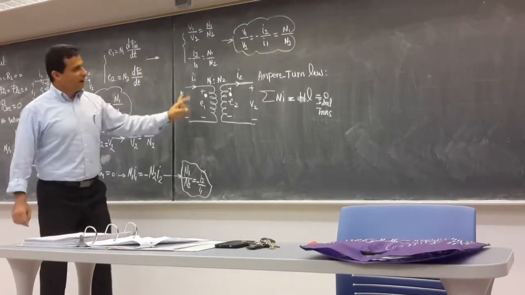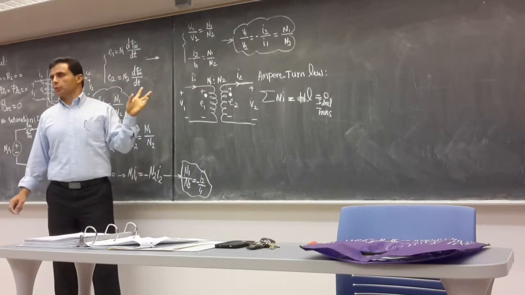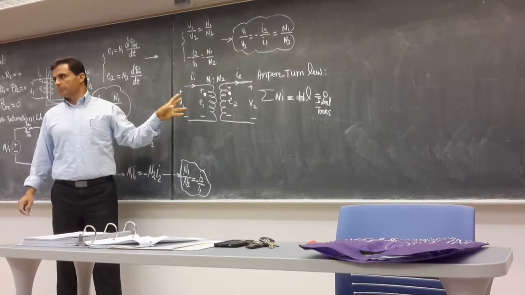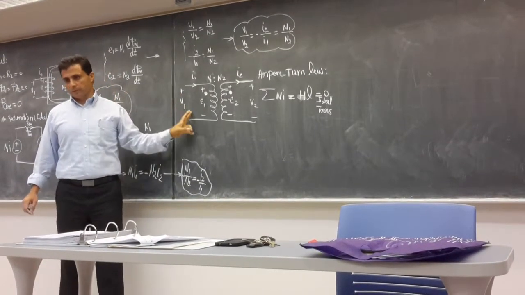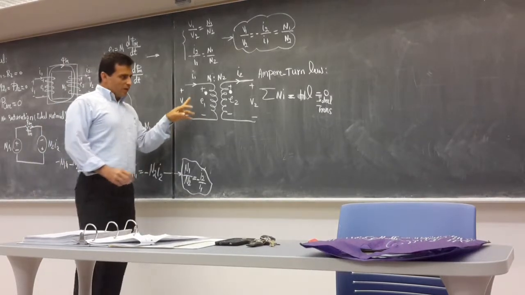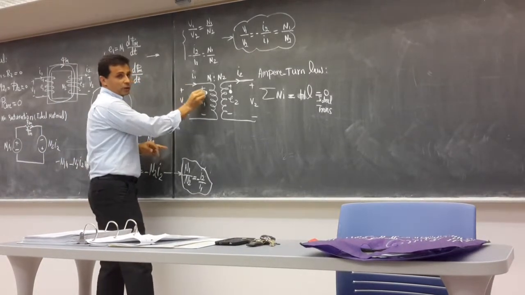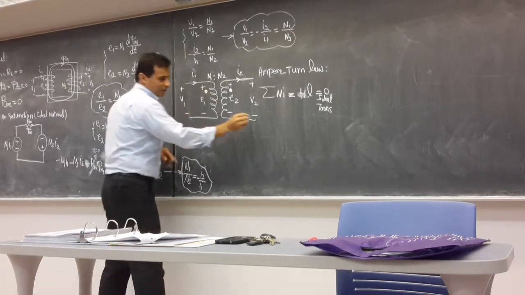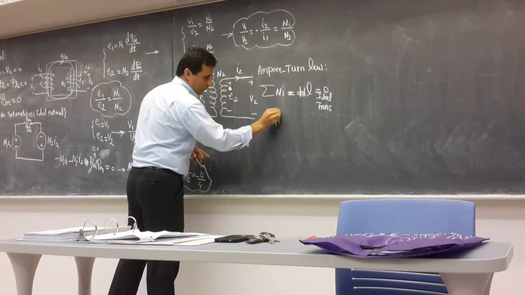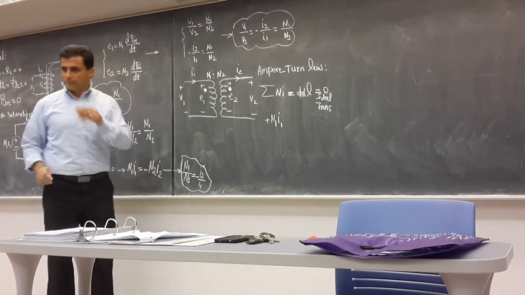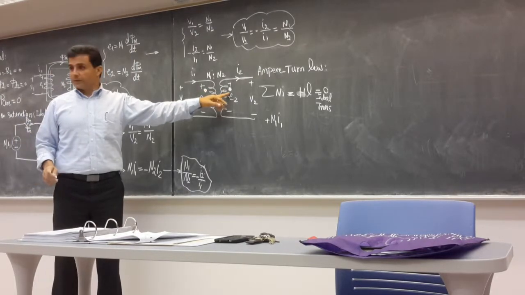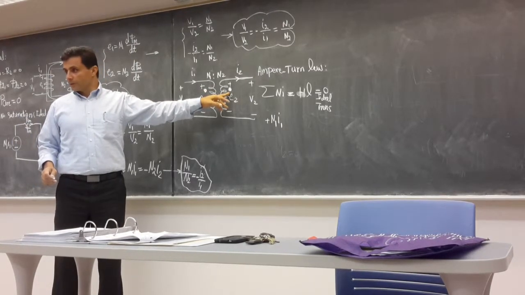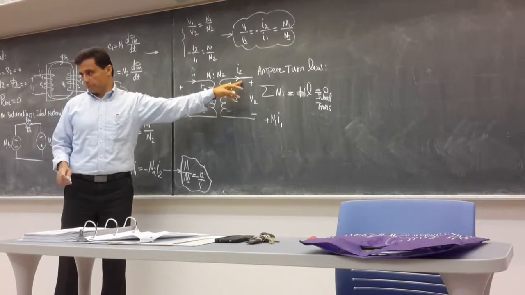How many ampere turn sources do I have in this system? 2, only 2, right? So for this one, the current is entering the dot, right? Basically this one is going to be plus N1 I1, right? For this one, the current is leaving the dot, right?